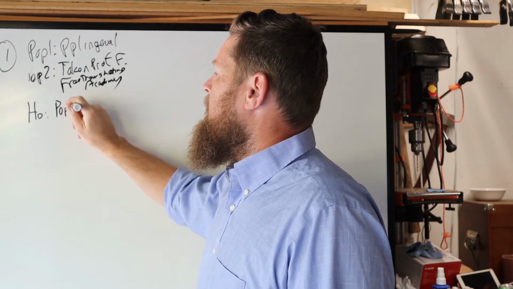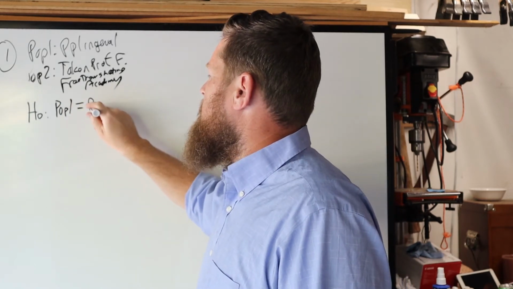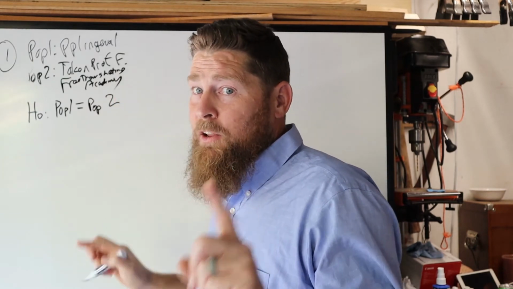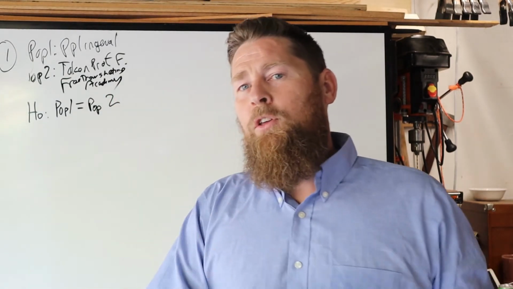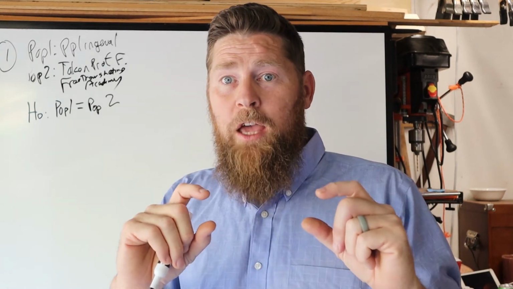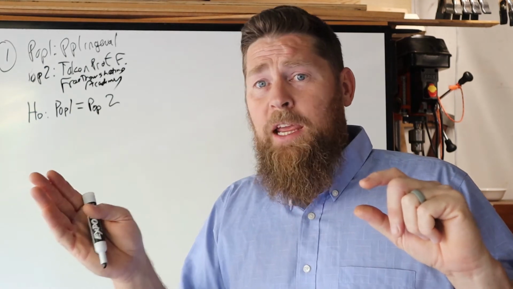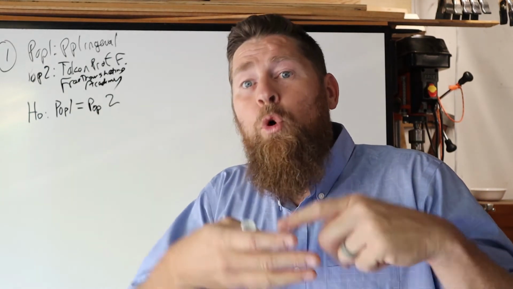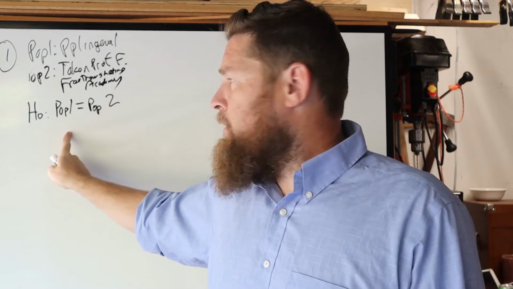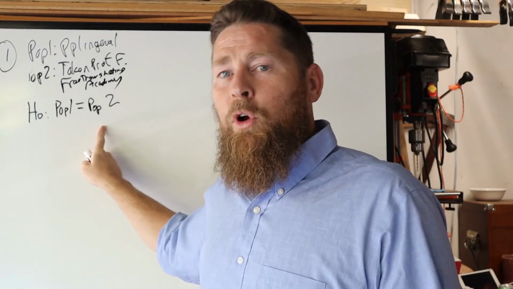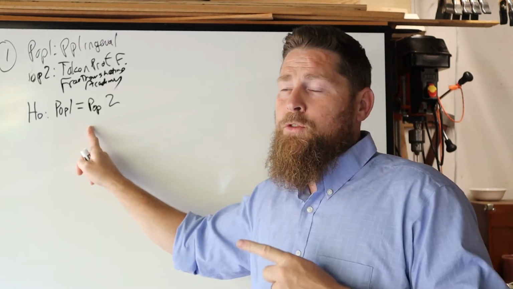Population number 1 is equal to population number 2. This is possible. And in fact, we're going to calculate the probability that that's true. Our p-value, when we get to our t-critical value, and if our t-value that we obtain from doing this work is more extreme than that, then I'll be sure that this is not true. Or at least very confident, 95 or 99% confident that this is not true.